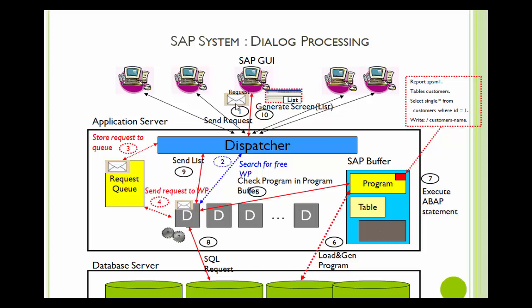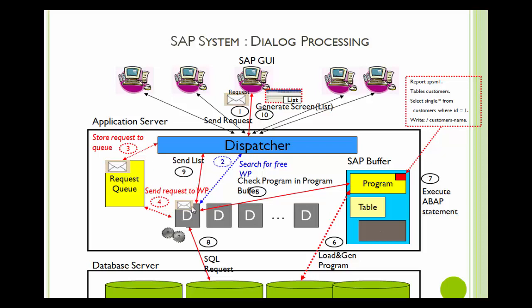Fine. The moment you log in and execute your program, first it will check the request. Then, second, it goes to store the request in a queue. The dispatcher will identify which dialog work process is available to process this request.